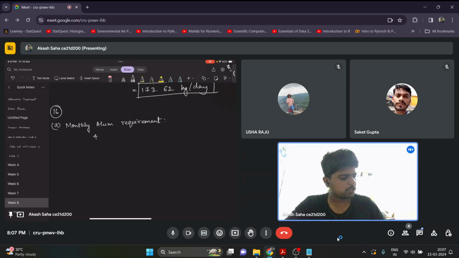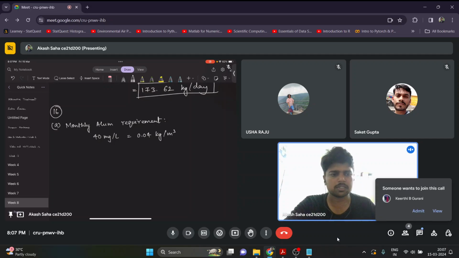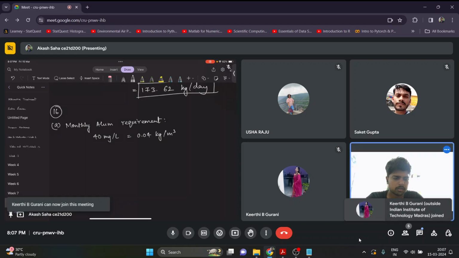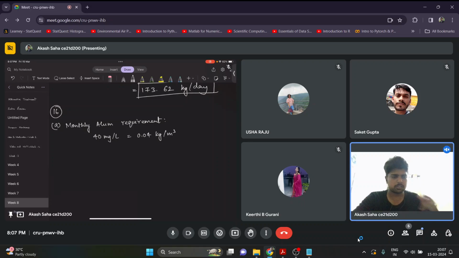We are given the dosage as 40 milligram per liter, which is also equal to 0.04 kg per meter cube. I'm just changing the dimension of 40 milligram per liter to 0.04 kg per meter cube.